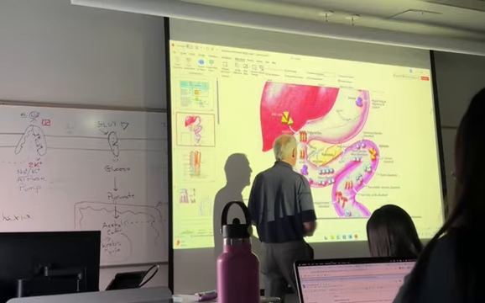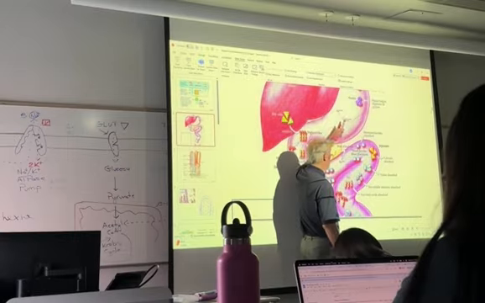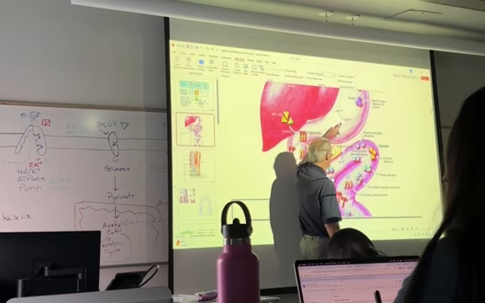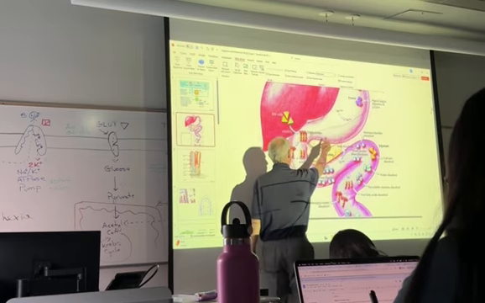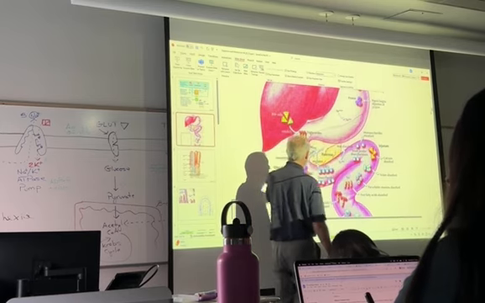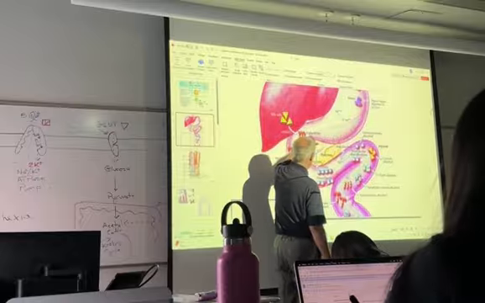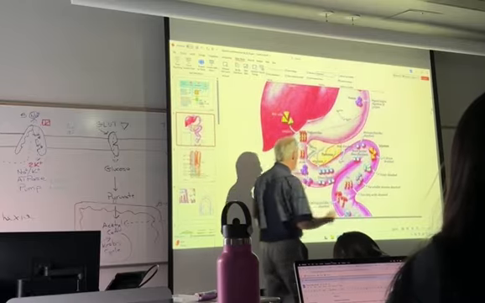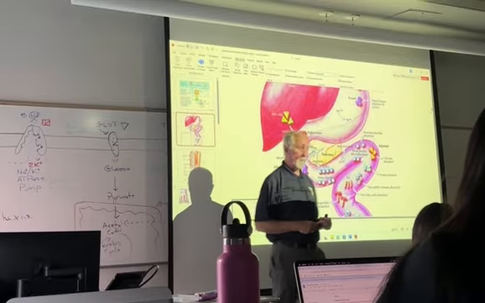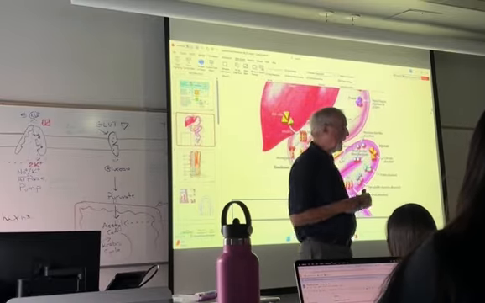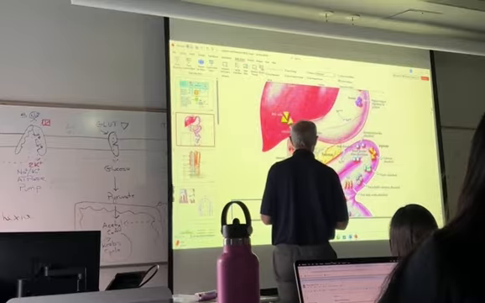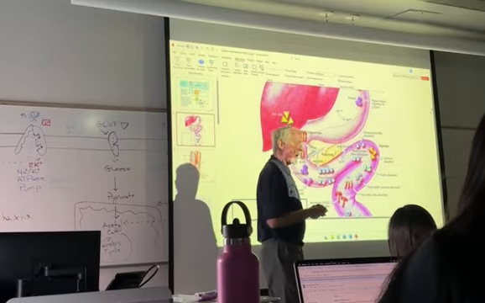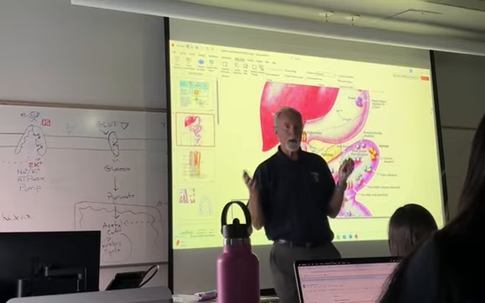And then, last but not least, we have our fats. And so, as the food comes in, this diagram is showing the fats, the lipids, in the form of triglycerides. There are other fats, but triglycerides are really what we're focused on. And as I mentioned to you, triglycerides are a type of acylglycerol.